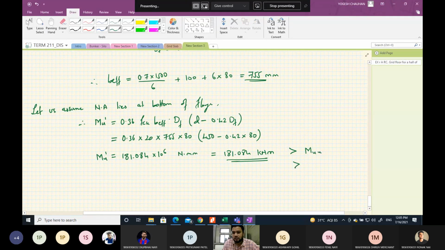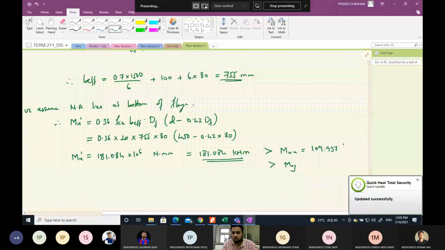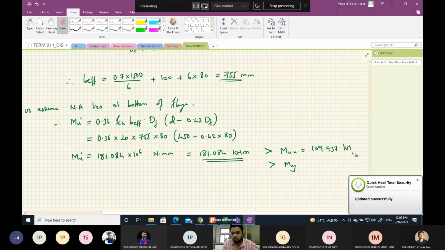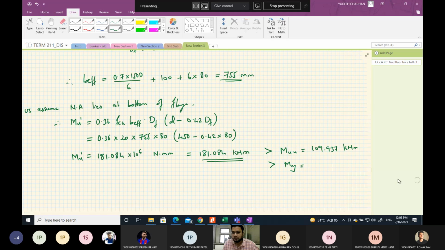MUX, greater than MUY. MUX is 109.937 kilonewton meter, and this is also greater than MUY, that is 61.83 kilonewton meter.